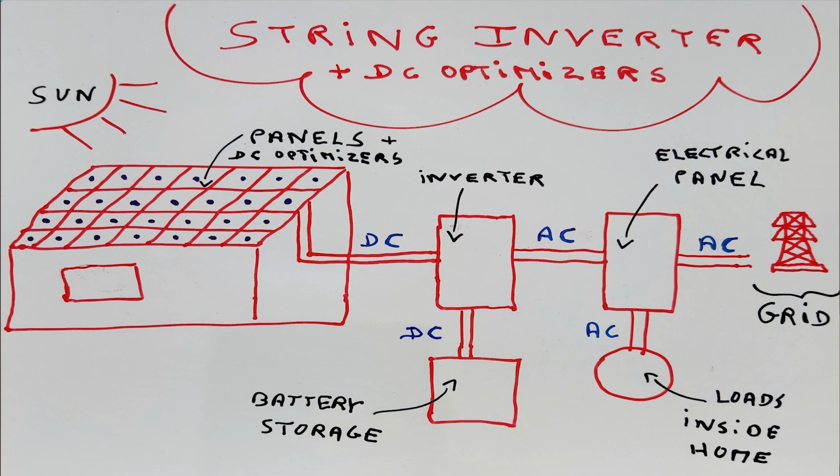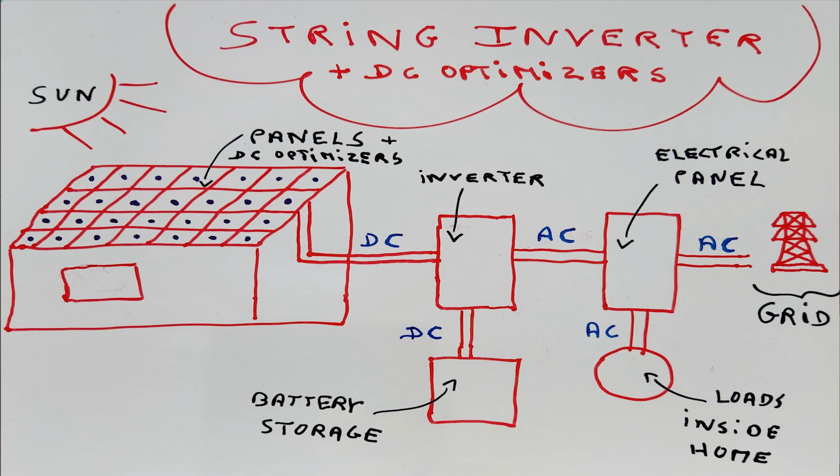As you see now on the string inverter plus DC optimizers diagram, everything looks like a string inverter, except for the DC optimizers, and we have one DC optimizer per panel.